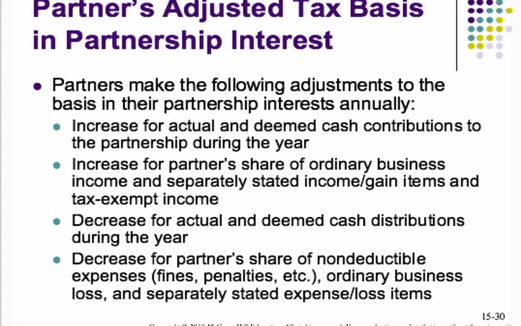So in order to keep it mostly up to date, at least to where only what's happened during that year needs to be updated, it's updated on an annual basis. And these are the adjustments that partners make in their bases on an annual basis to account for the occurrences that have happened during the year.